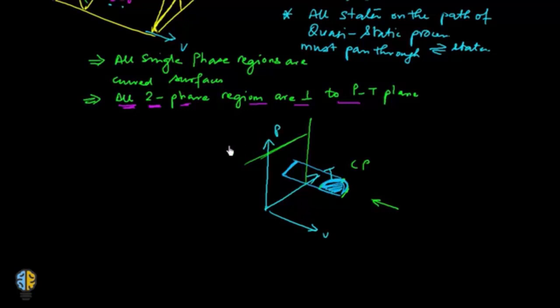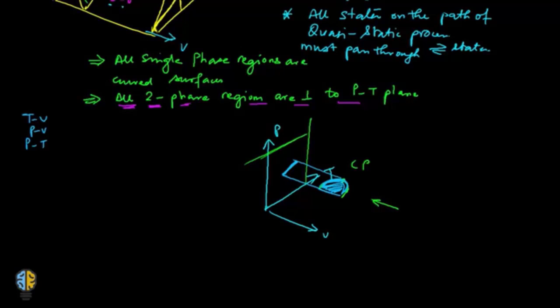All the two-dimensional diagrams that we have discussed so far, that is temperature volume, pressure volume and pressure temperature diagrams, are merely projections of this 3D surface onto the appropriate planes.